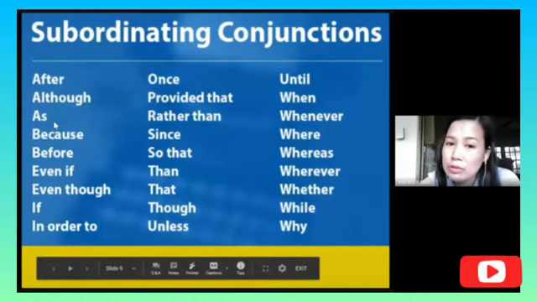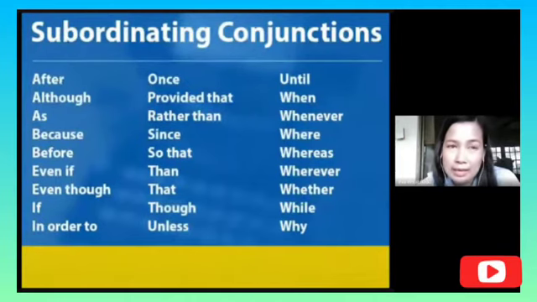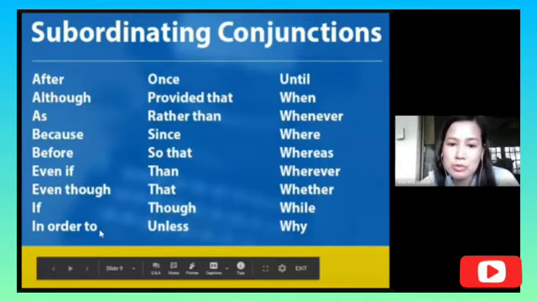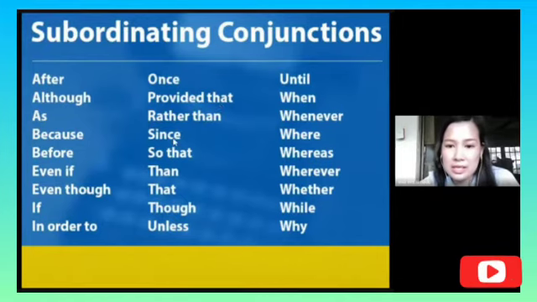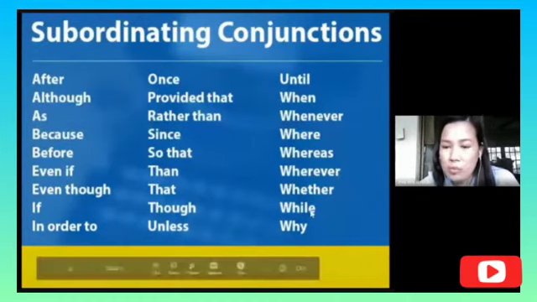Okay, let's read them aloud. Basahin natin siya ng malakas dyan sa ating mga upuan. Okay, lahat tayo magbabasa ha. After, although, as, because, before, even if, even though, if, in order to, once, provided that, rather than, since, so that, though, unless, until, when, whether, where, whereas, wherever, while, and why.